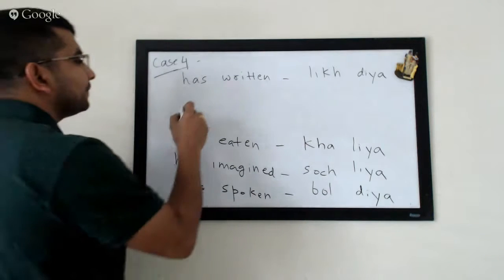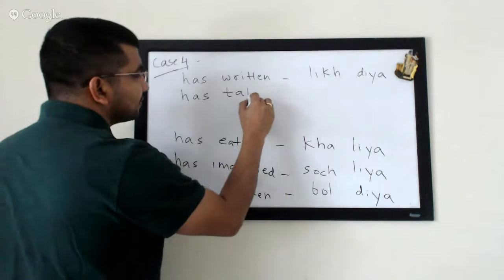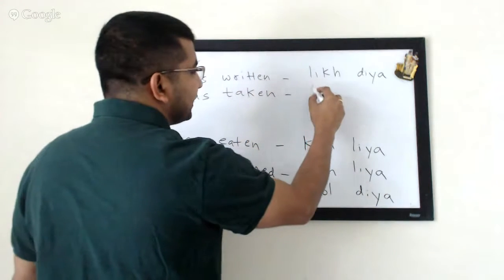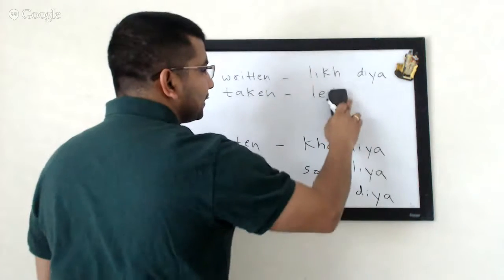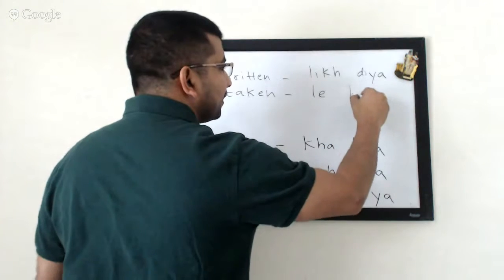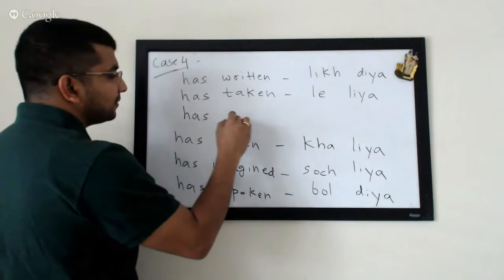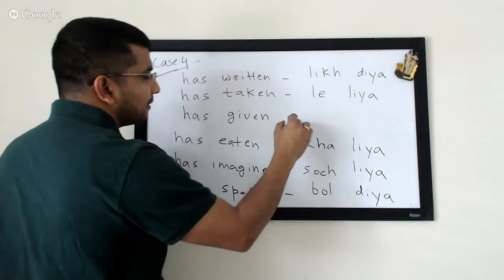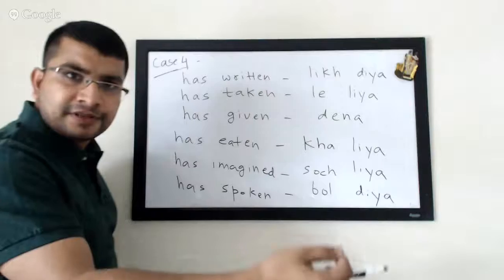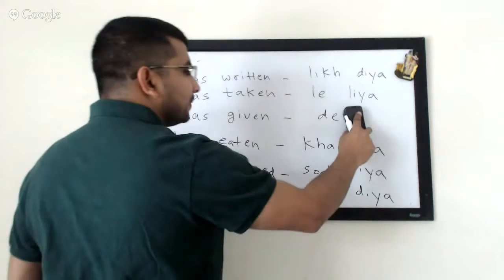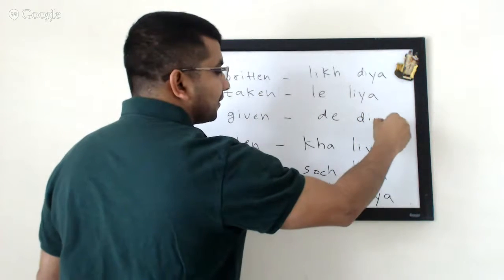Has taken: to take is lena, but has taken would be le liya. And has given: to give is dena, right? मैं गिफ्ट देता हूँ. Has given would be दे दिया.